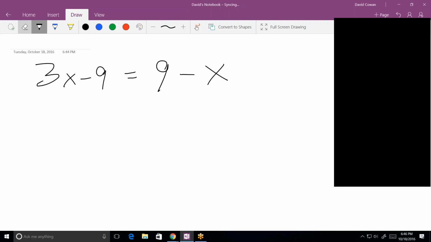In other words, I don't really want to move the 3x over to there because then I'll end up with minus 4x. And if I move this 9 to the left, I'll end up with minus 18. Again, I got all these negative signs that I don't really want. You're going to get the same answer, but it just avoids negative signs if you can at all.